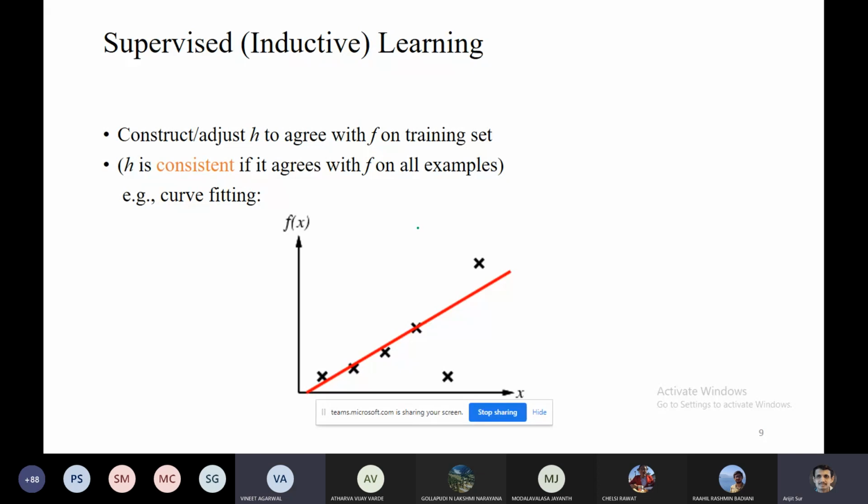Now this may be linear, which is very simple in nature. Simple means the model complexity is very less, a kind of linear complexity.